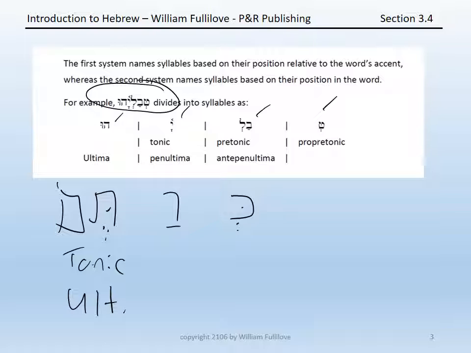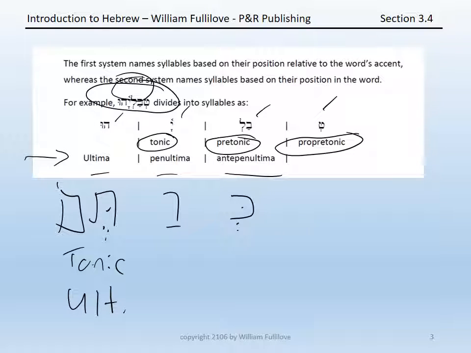Because the ultima is the last syllable of the word, hu is the ultima, ya is the penultima, and val is the antepenultima. But with the stress, you notice, being on ya, ya is the tonic, val is the pretonic, and t is the propretonic.